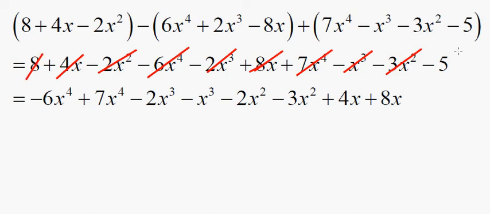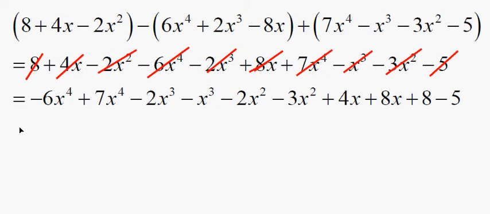Plus 8 and minus 5. So we'll put those in. Plus 8, minus 5. We still have the same number of terms, but what we've done is organize it. Now we have the higher orders over here, the power of 4, next power of 3, next power of 2, power of 1, and power of 0. So we've ordered it from highest to lowest order.